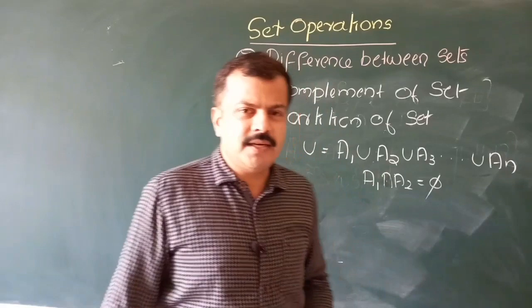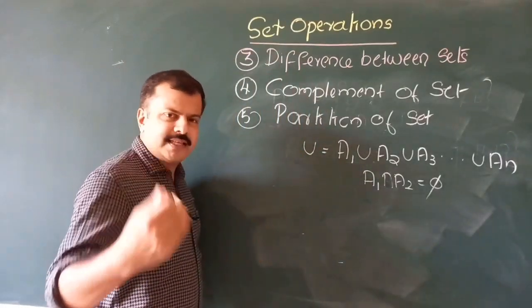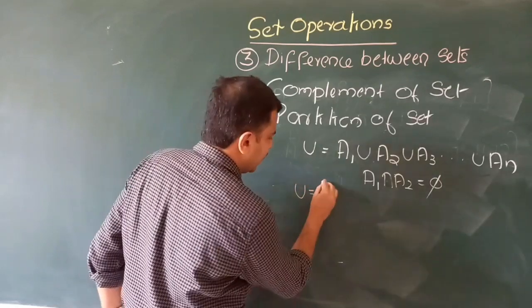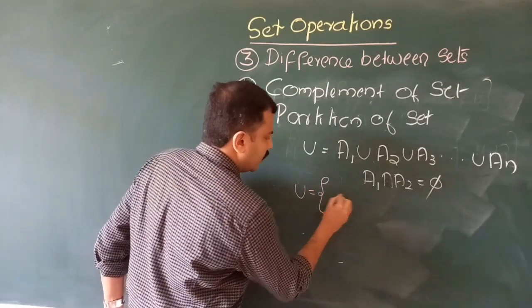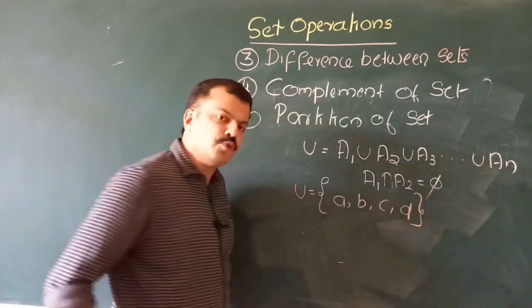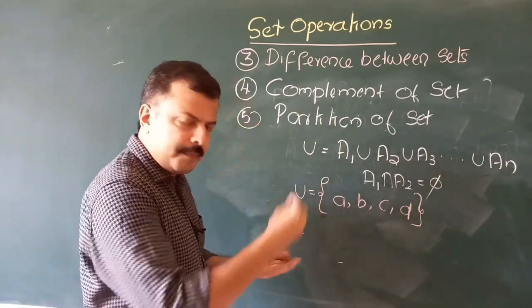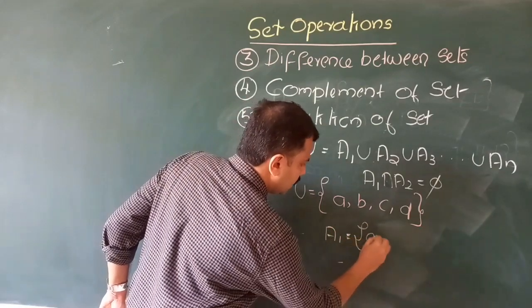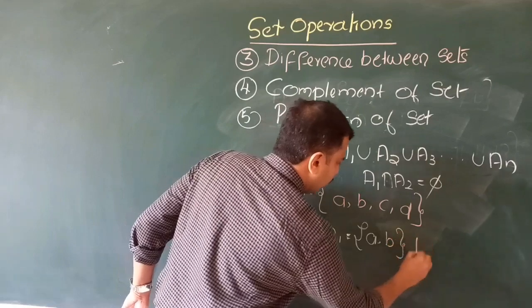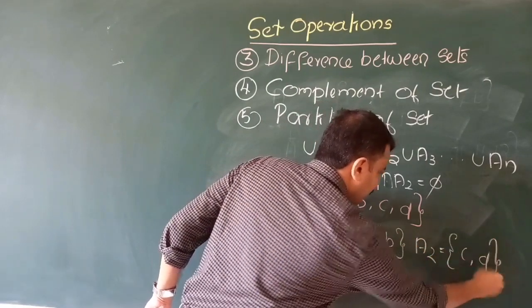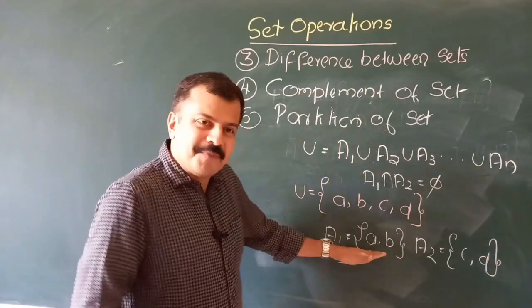Now let us look at an example. Hypothetically, you have a set like this, say A, B, C, D. Now how to make a partition? Let us say you have a partition like A1 equals A, B, and a set A2 which equals C, D. See here, this is the partition.